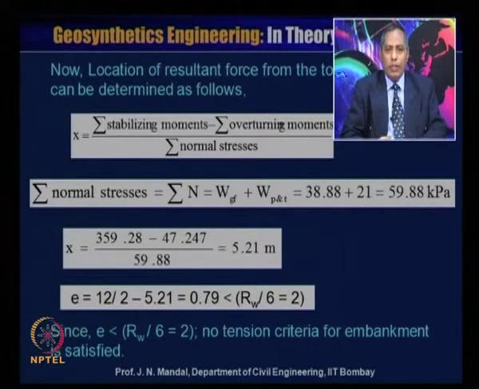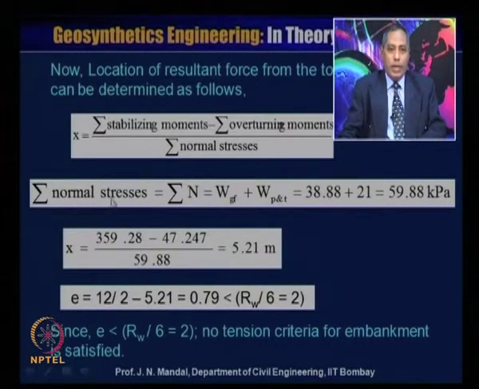That is equal to the summation of N, which is due to WGF plus WPT. We have calculated earlier WGF as 38.88 and WPT is given as 21. So, this will give the summation of normal stress equal to 59.88 kilopascal.